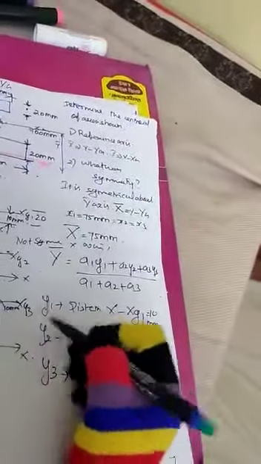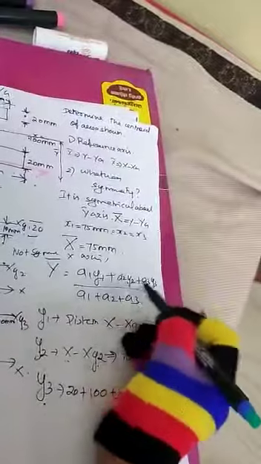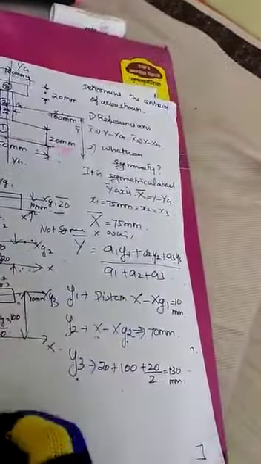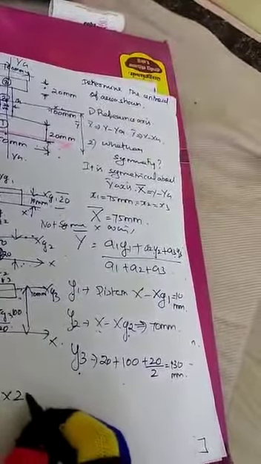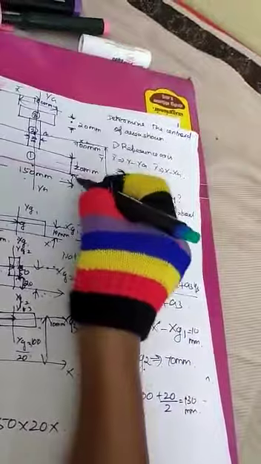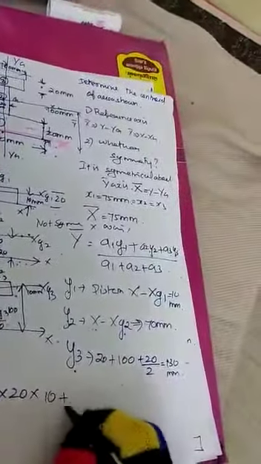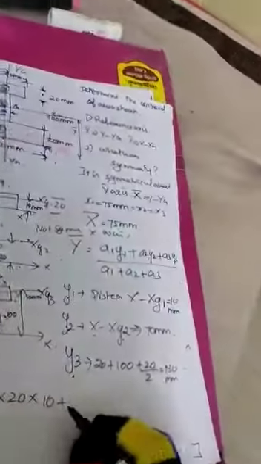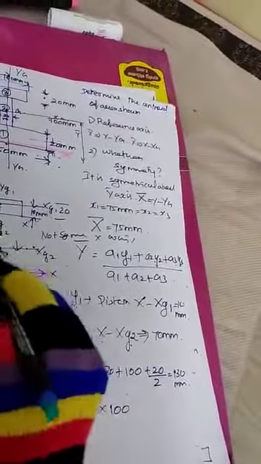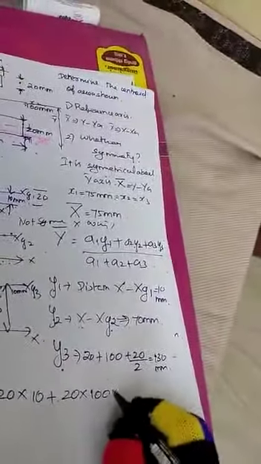Now I calculated Y1, Y2, Y3. You have to substitute here. What is A1? Area of the first rectangle. So the first rectangle is 150 into 20. What is Y1? From here to here, 10 mm. What is the A2 value? 20 multiplied by 100. This rectangle. Okay, 100. What is Y2?